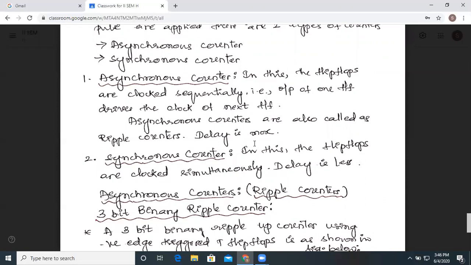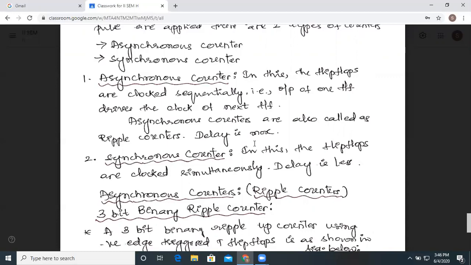In this counter, the output of the first flip-flop is fed to the clock input of the second flip-flop, and the output of the second flip-flop will be fed as input to the third flip-flop, and it is going to continue. So the succeeding flip-flops are going to be driven by the previous flip-flops. So in this case, the delay will be more.